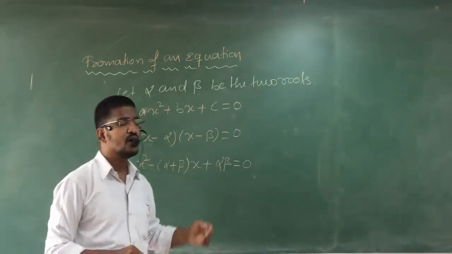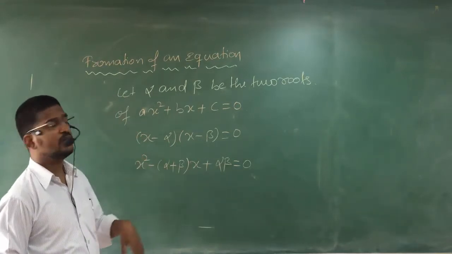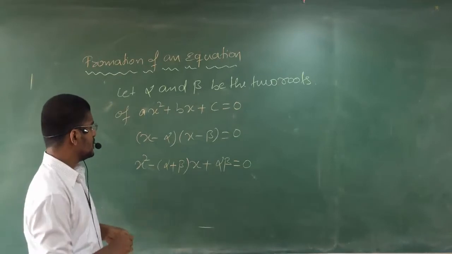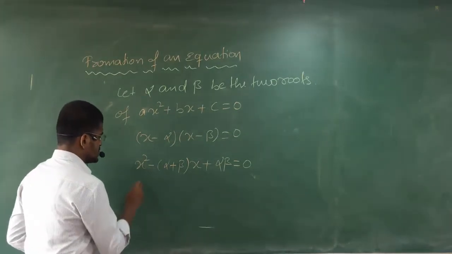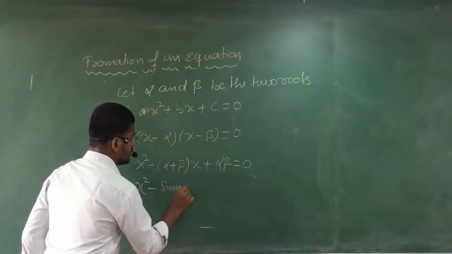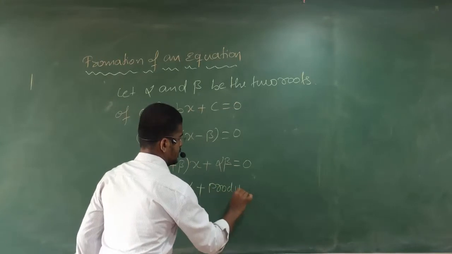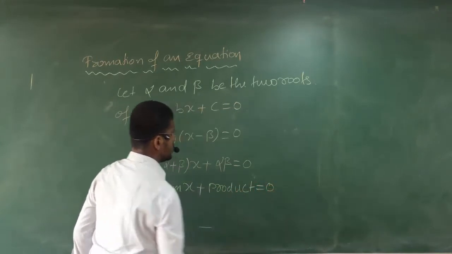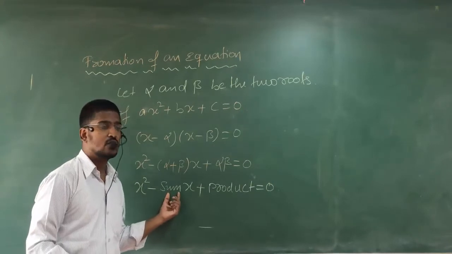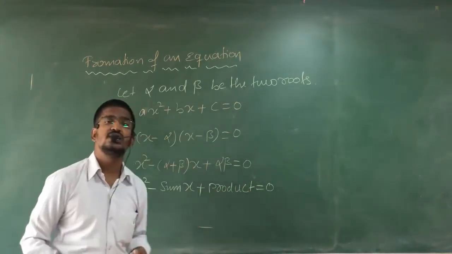By multiplying and simplifying, it will be x square minus the sum times x plus the product equal to 0.